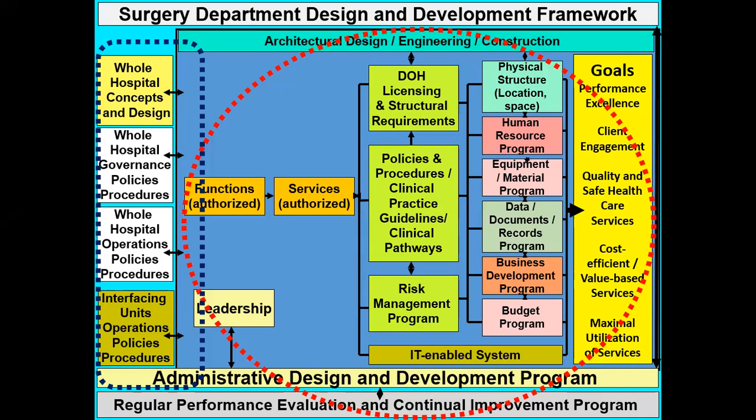Again, all the arrows between and among these boxes indicate the need for alignment and integration of all the parts of the subsystem, which is the department, with the super system, which is the hospital, and co-subsystems, which are the interfacing departments.